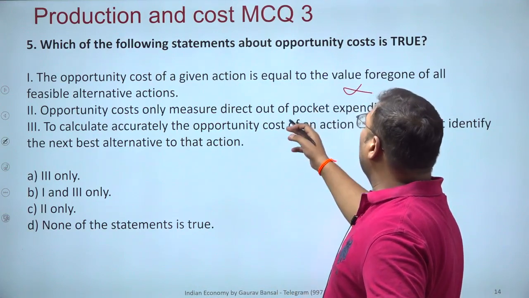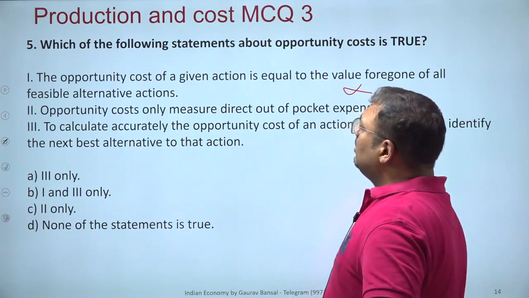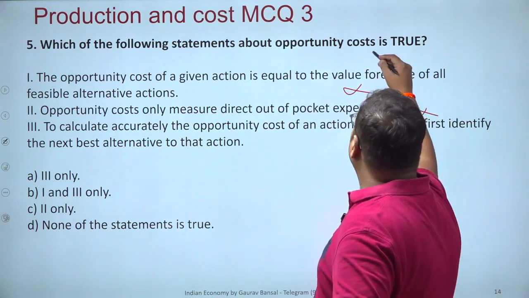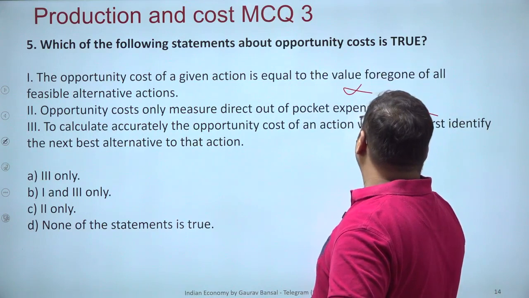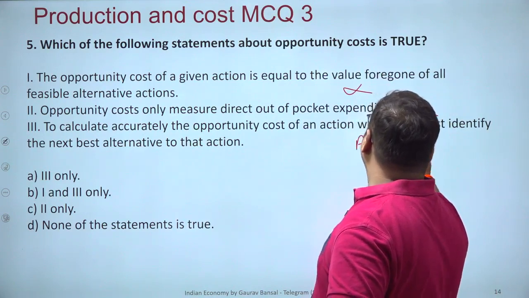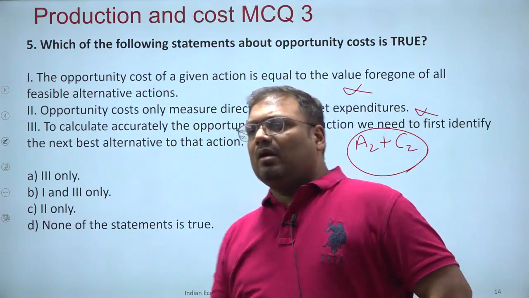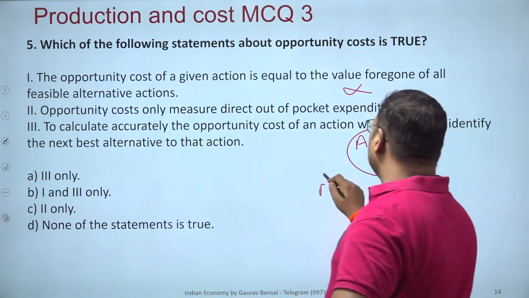Opportunity cost is indirect cost. Total cost includes opportunity cost plus direct cost. Okay. In MSP we use this calculation. We calculate A2 plus there is a concept called C2. At present we are using A2 plus FL.